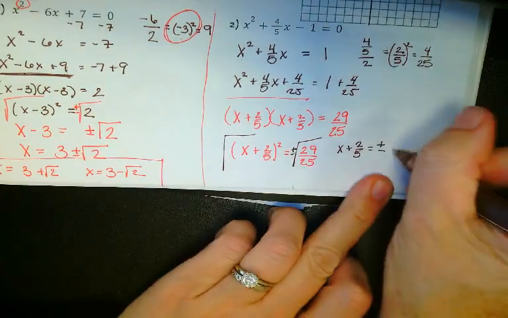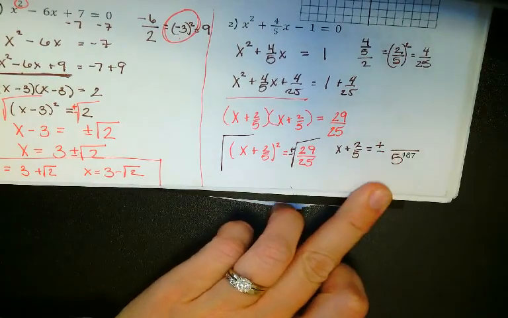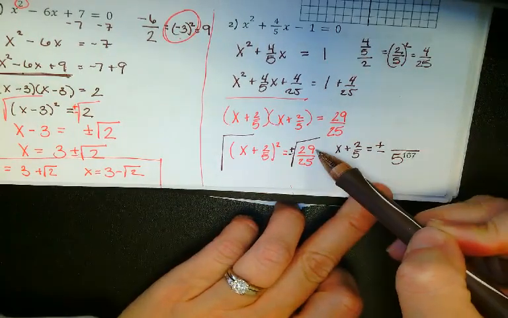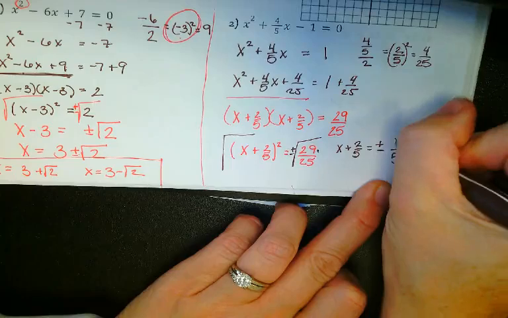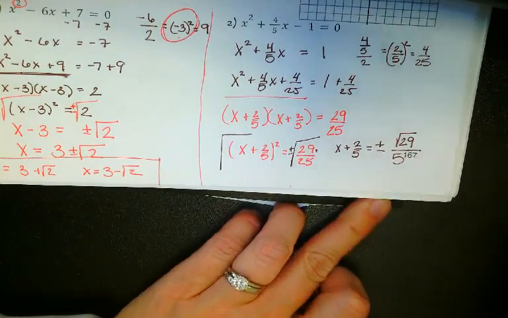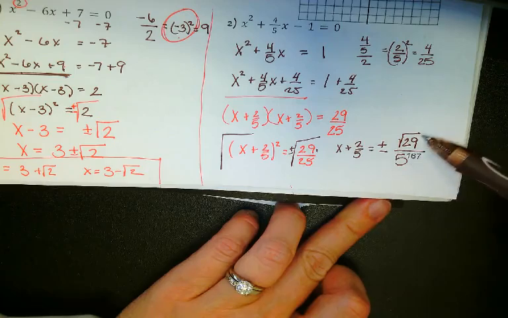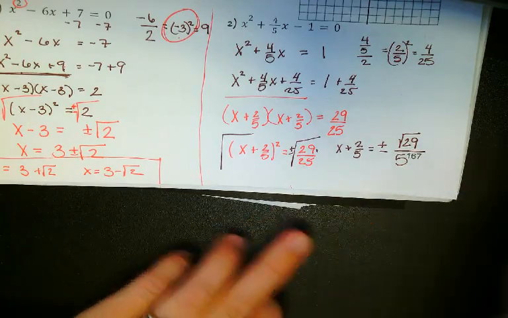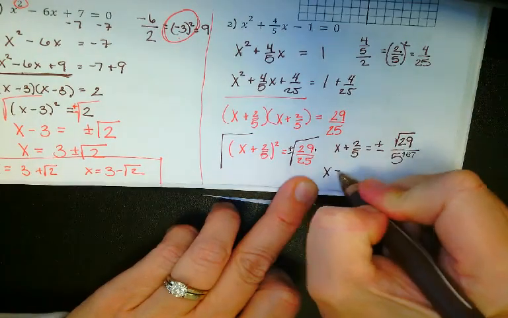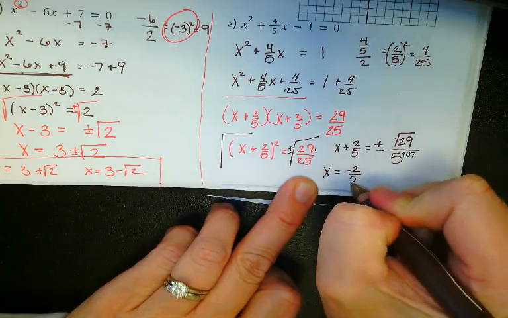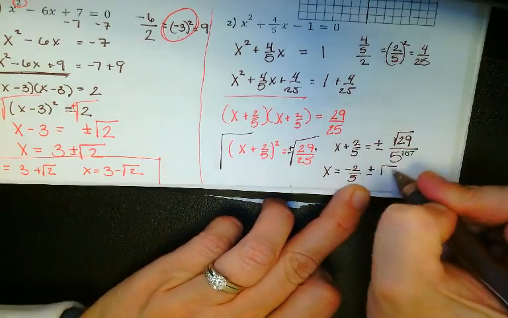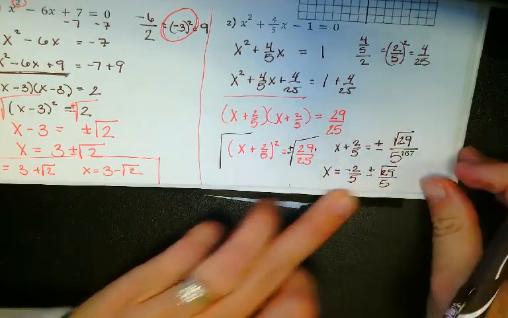The bottom is just going to become a 5. We know that answer. Do we know the square root of 29? So we're going to leave it the square root of 29. But the 5 is coming out because we know that answer. If we don't know it, it stays in. If we know it, it comes out. And then lastly, I'm just going to subtract over the 2/5. So I have -2/5 plus or minus root 29 over 5.